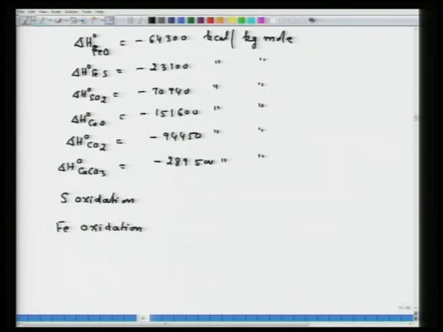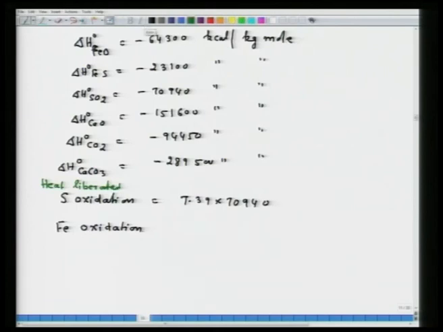That will constitute the heat input term. So, sulfur oxidation, you know, that is 7.39 into 70,940. Now, let me put here, the heat liberated. I am not putting a minus sign, that means I know that they are exothermic reactions, that is why I put the term heat liberated.